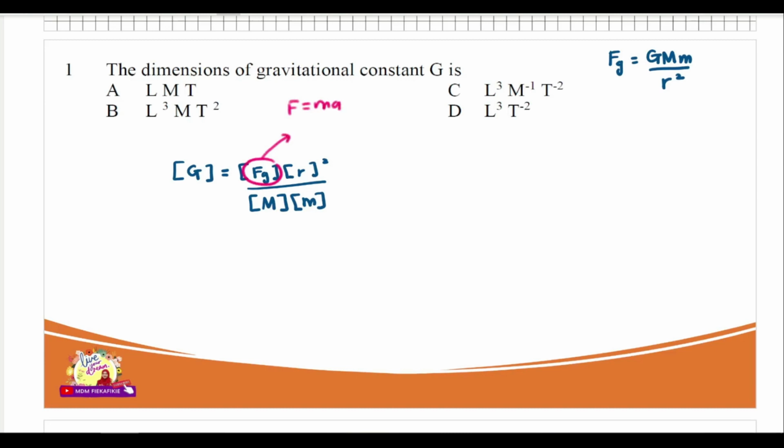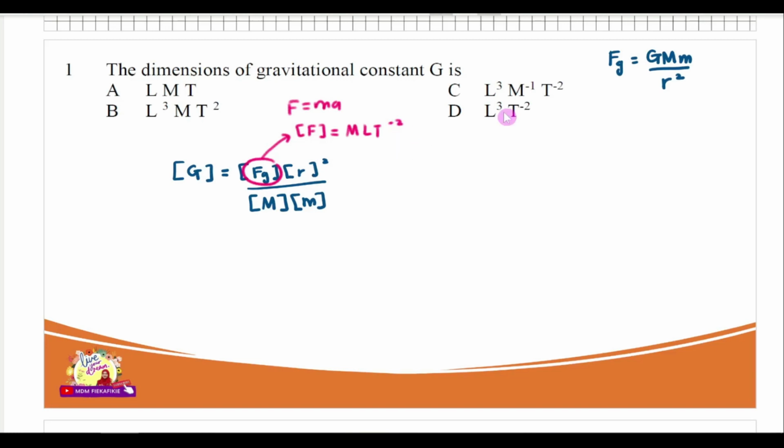Okay, so dimension untuk force, kalau kita dah biasa buat, kita dah hafal dah dimension of force is equal to MLT negative 2. Iaitu unit untuk force adalah kg meter per second squared. So dimension untuk force adalah capital M LT negative 2.